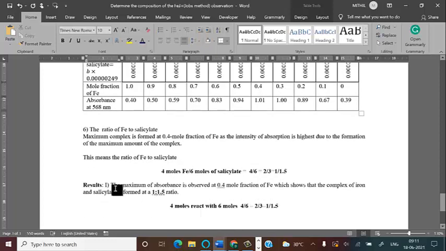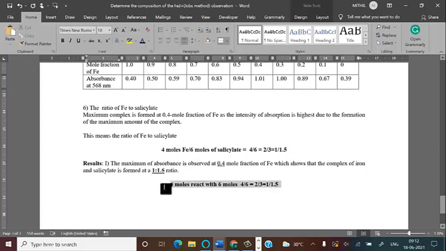So in the result, we can write that the maximum absorption is observed at 0.4 mole fraction of Fe, which shows that the complex of iron and salicylate is formed at a ratio of 1 to 1.5. So if there is one molecule of Fe, there will be 3 molecules of salicylate.